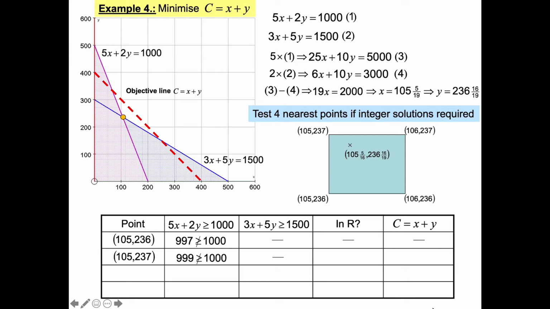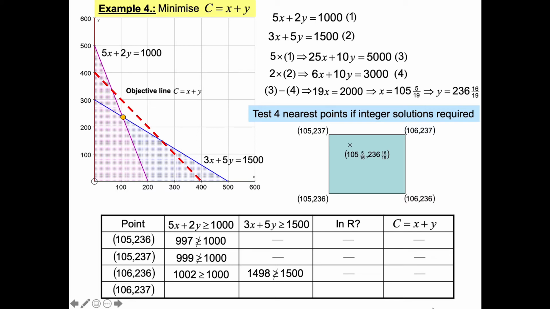Again, the first constraint was not satisfied. That means it's not in the region, and you don't have to evaluate the objective function at all. Now, next one. If you plug in 106 and 236, the first constraint is satisfied, but the second one is not. That means it's also not in the feasible region.